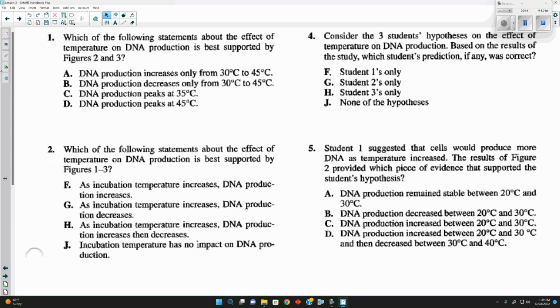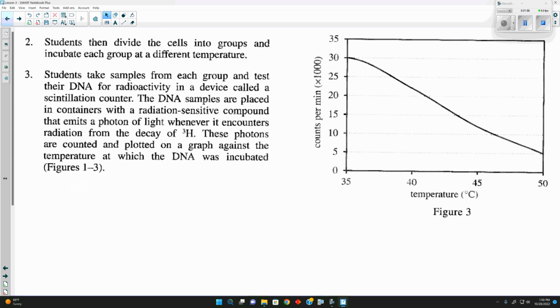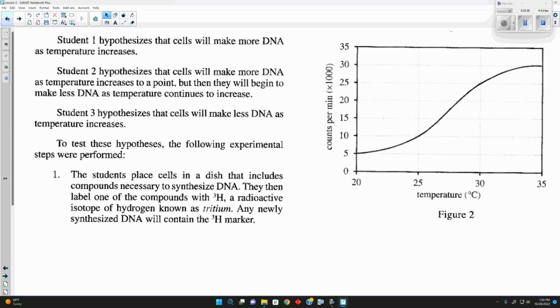Have y'all got an answer for this? So, why would you say C? Well, so on figure 3, so 35 degrees, we're right up here at this here, yes?